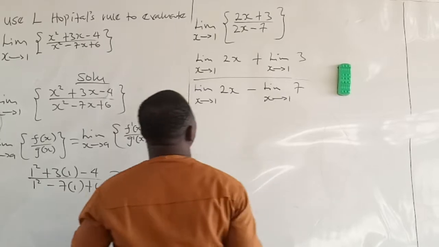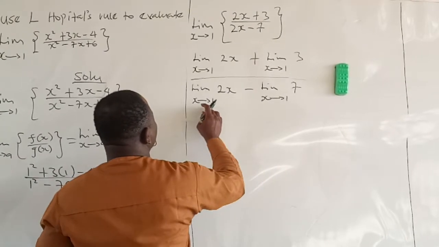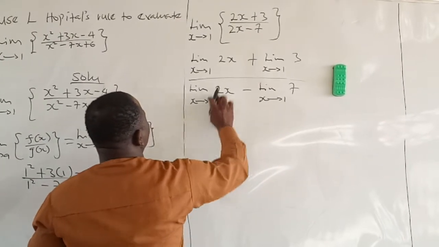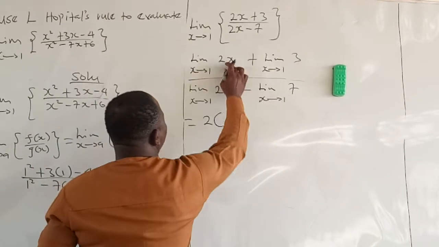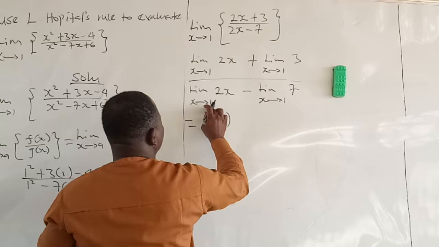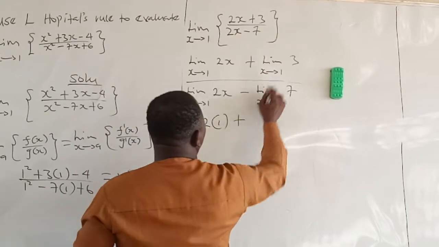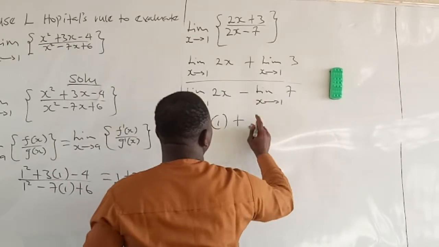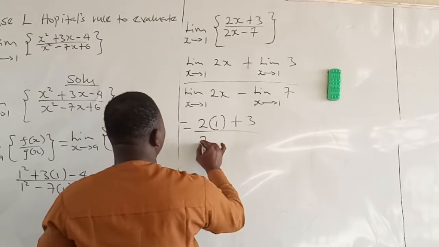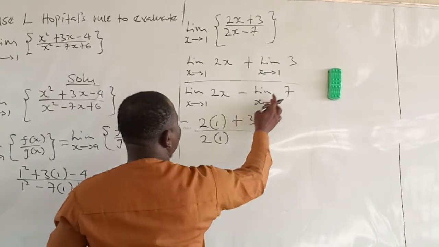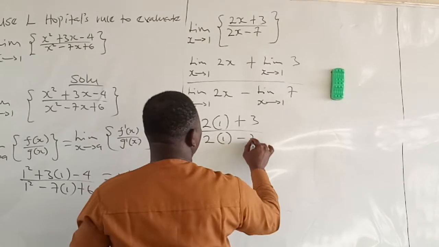Is that clear? It implies that anywhere you see x, you substitute in 1. So this is equal to 2 in brackets, your x is 1. Is that clear? Then plus, here there is no x, it's only 3. Write 3. The same thing applies here: there is no x, you write minus 7.